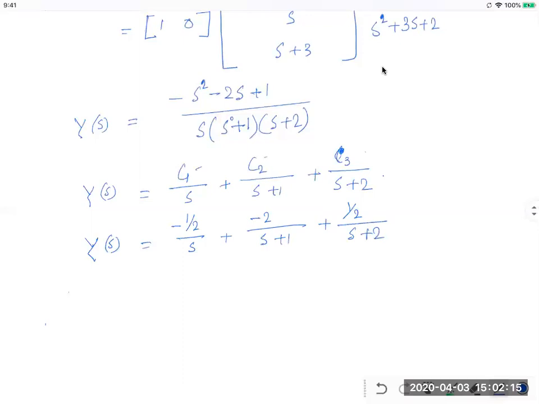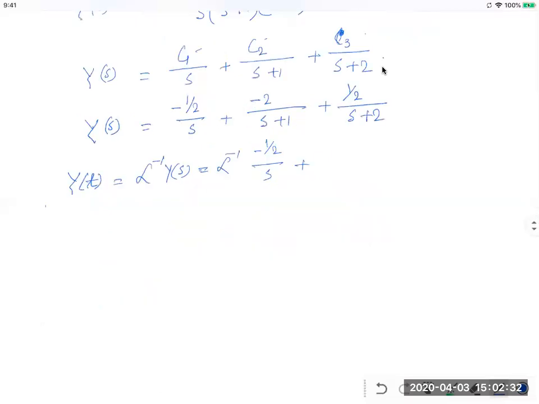Now the time domain response y(t) is the inverse Laplace transformation of Y(s). That is inverse Laplace of minus half by s, plus inverse Laplace of minus 2 by s plus 1, plus inverse Laplace of half by s plus 2.